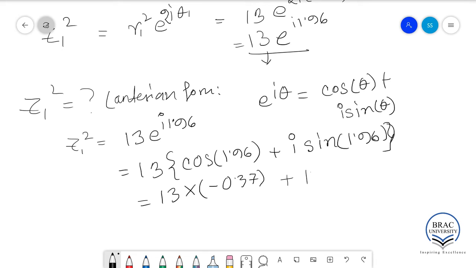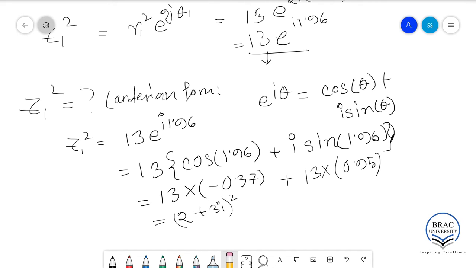And next we write 13 times sine 1.96, and if you evaluate the value for sine 1.96, you will have 0.95. So if you multiply 13 with this thing and 13 with 0.95, and add these two, you should get 2 plus 3i squared.